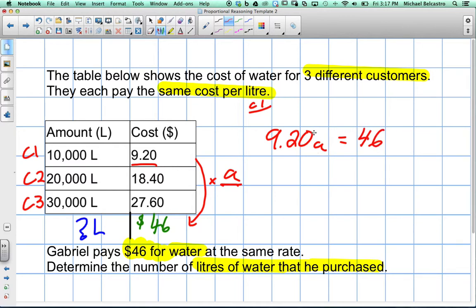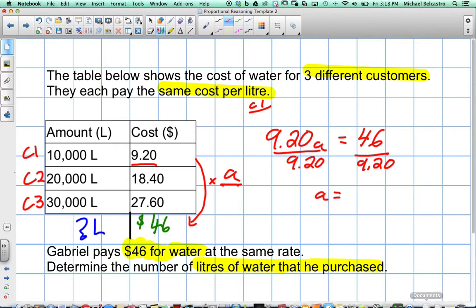Now in order to isolate for a, we need to divide 9.2 or $9.20 on both sides. On the left side, it will reduce the a value to an a value of just 1. Now a lot of times they call this canceling out, but really what it is 1 times a, which is the value of a.